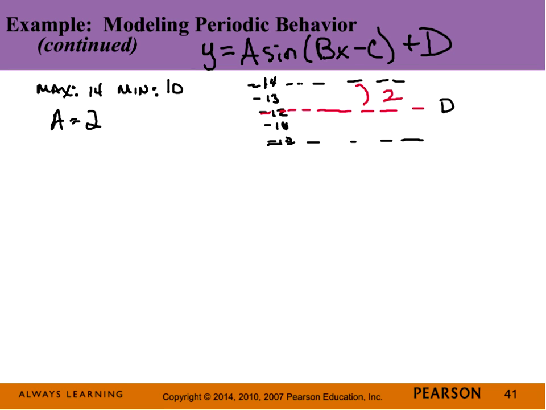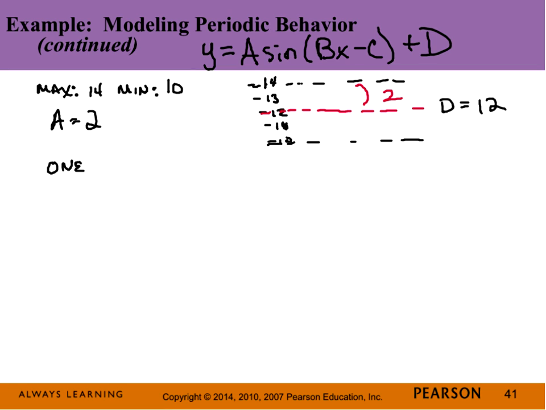It shifted this whole thing off of the x-axis up to 12. So our D value is 12, since these hours of daylight are oscillating around that center horizontal line.